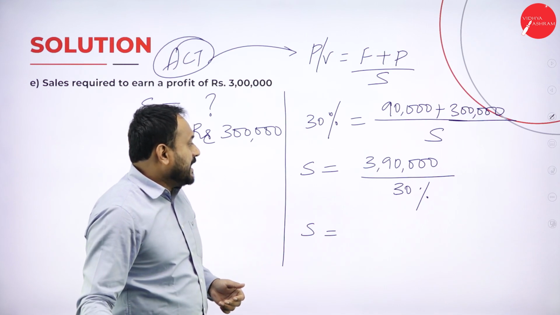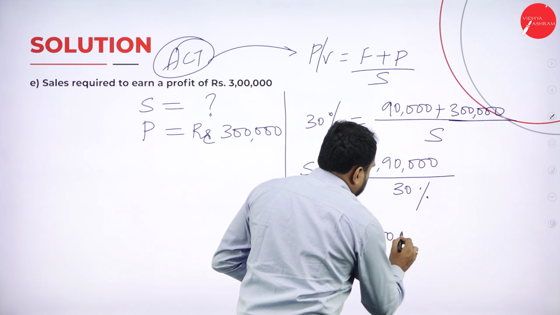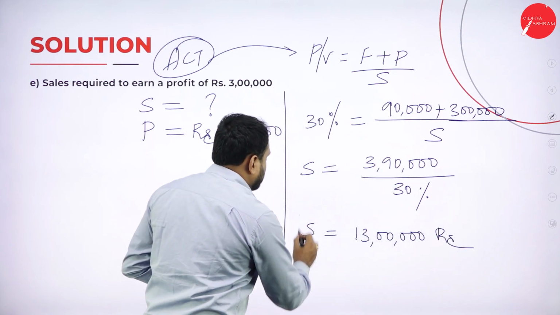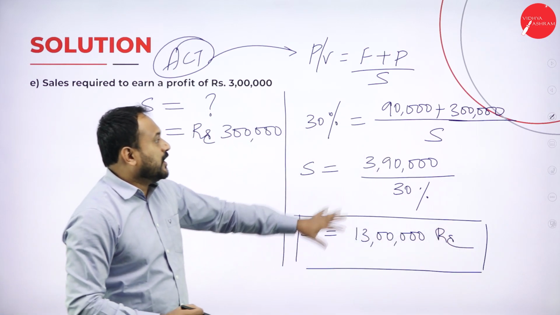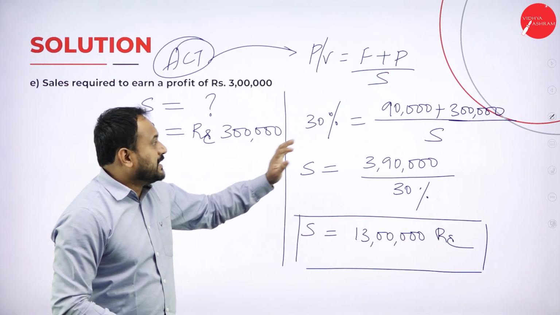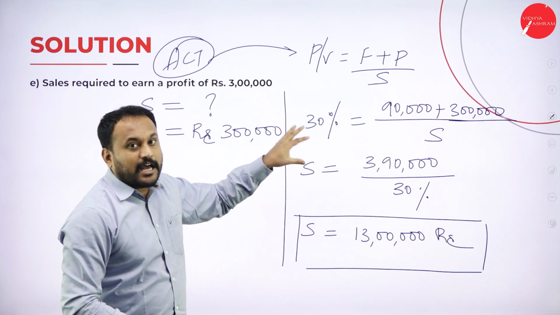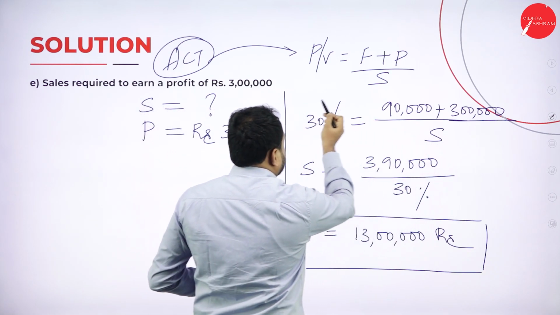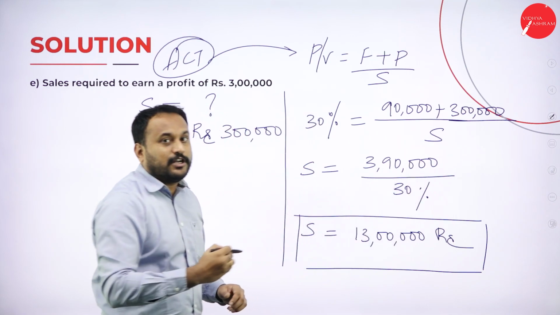So it is 13 lakh rupees. Sales will be 13 lakh rupees. So this is my answer. Hope you people got the things. Go with the step-by-step formulas. You need to understand how to implement it. It is in division, so when it goes here, this will come here. That is what cross multiply is all about.